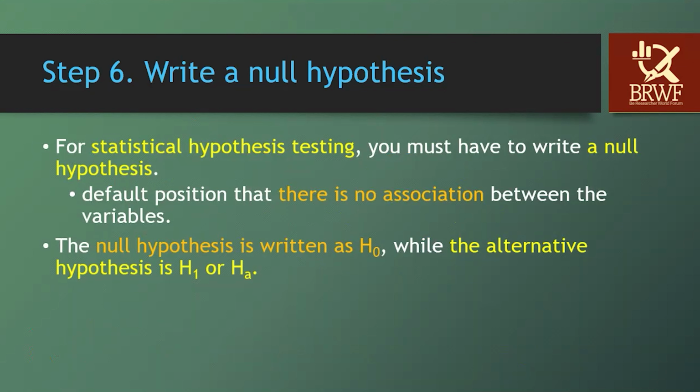But the professor said, think the opposite. The null hypothesis will focus on the relationship that we will try to reject. If we can reject the null hypothesis, then what will happen? We will accept the alternate hypothesis or the original hypothesis. Do you understand what I am trying to say?